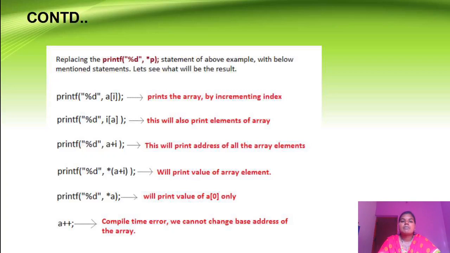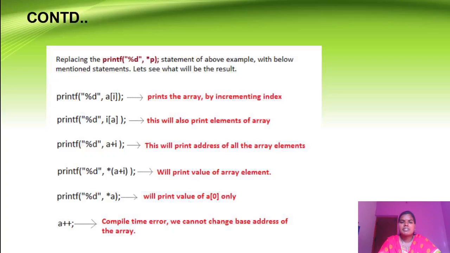Next, if I use the statement %d, a+i, this will print the address of all the array elements. Previously we were printing the values, but if I use a+i, then it will print the address. Next, if I use the statement *(a+i), this will print the value of the array element.